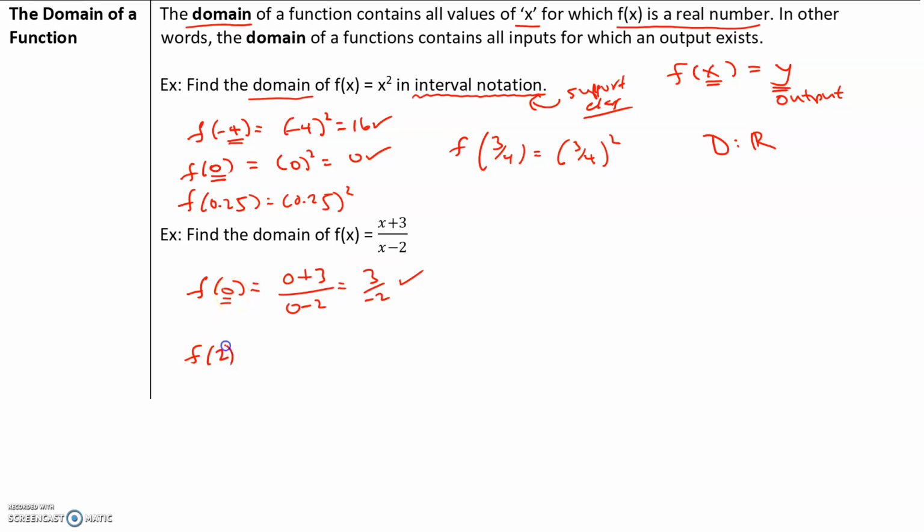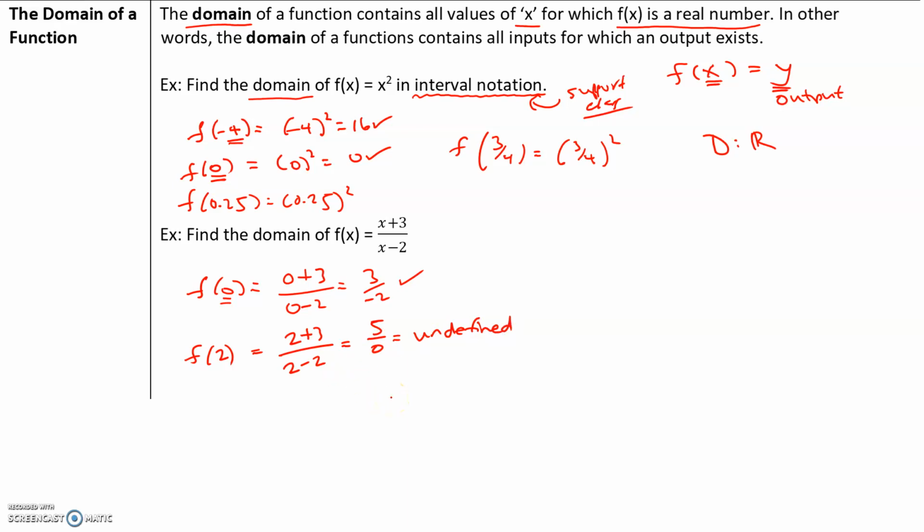Now let's see what happens if I plug in 2. I'm going to get (2 + 3) divided by (2 - 2). 2 plus 3 is 5. 2 minus 2 is 0. Now guess what? If we try to divide by 0, then our answer is going to be undefined. We can't have division by 0.